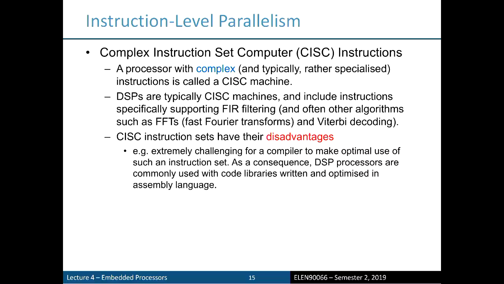But CISC instruction sets are difficult to deal with, and indeed for most embedded processors, particularly when we look at microprocessors as opposed to microcontrollers, as opposed to DSPs, CISC instruction sets don't exist.